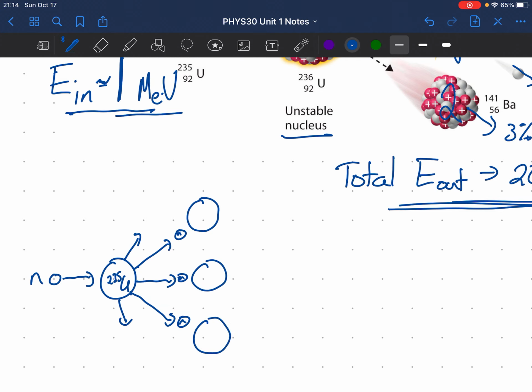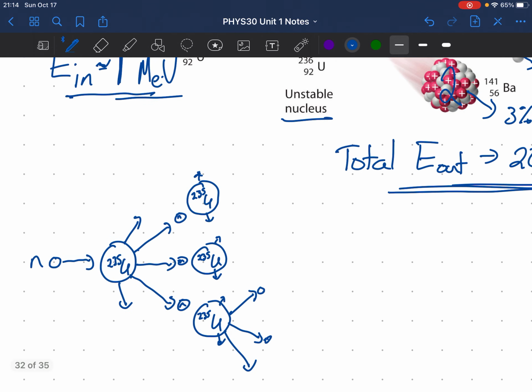And what can these neutrons do? Well, if there's another uranium-235, what's going to happen? Well, these guys are all going to fission. And what are they going to do? This guy's going to release 3 more neutrons.